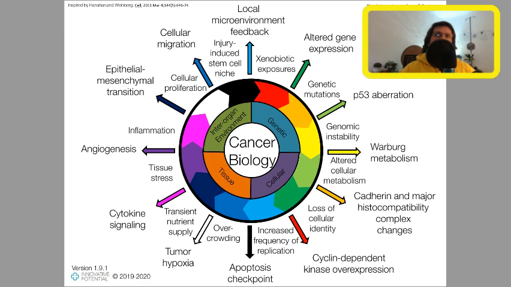I draw attention to Warburg metabolism because this is one of the major components, and there's a lot of work done in terms of how it's altered. Basically, by the time Warburg metabolism is observed, the cell itself has changed its basic aerobic components to favor phosphorylation and phosphorus use because it's making extra DNA.